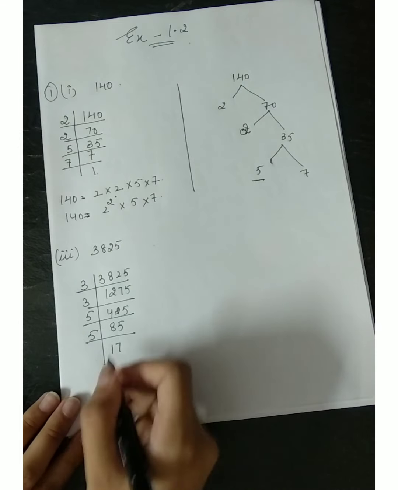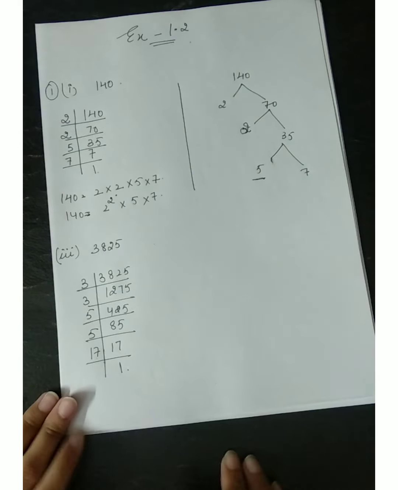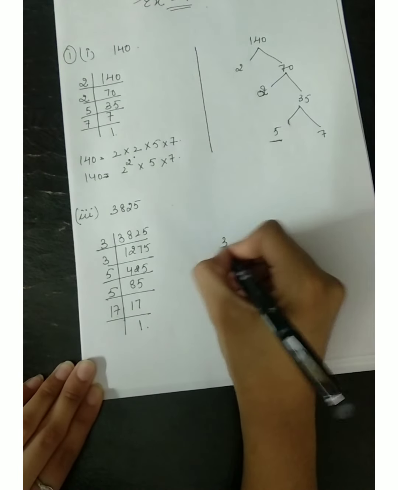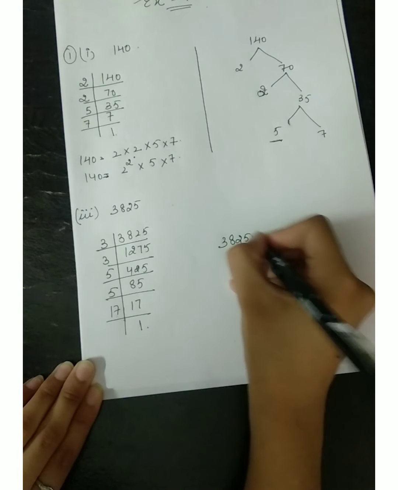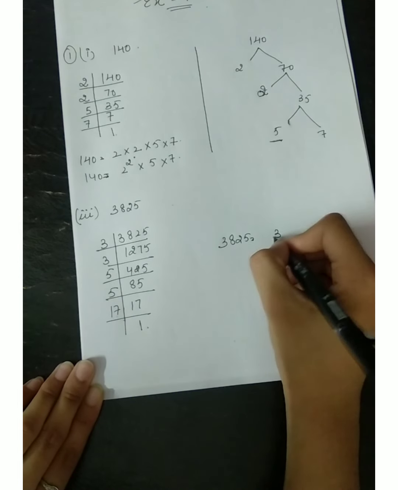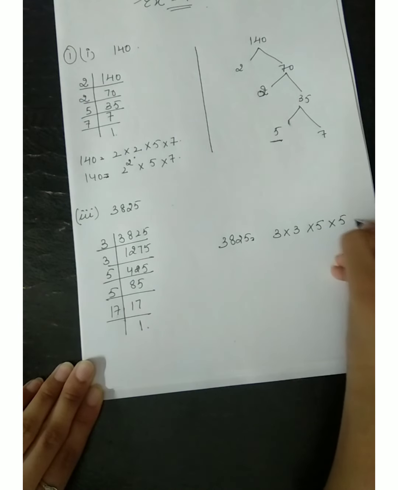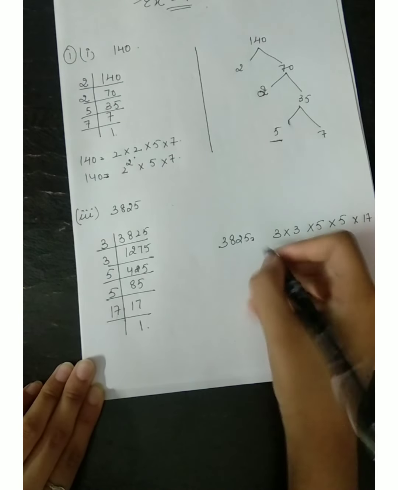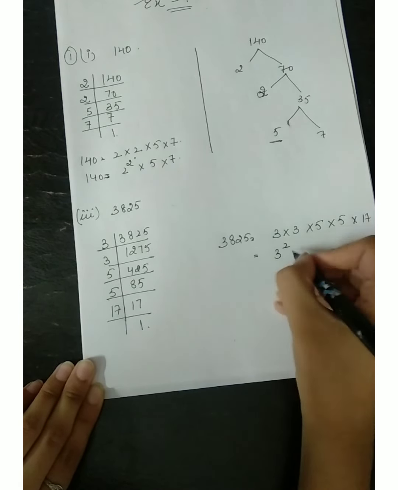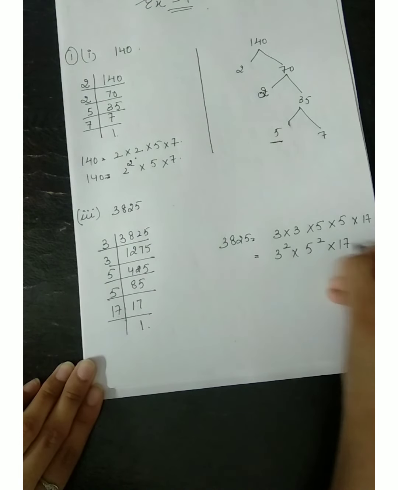Either you can leave it here or we can solve it in one more step. Now 3825 is equal to 3 multiplied by 3 multiplied by 5 multiplied by 5 and 17. Then you can write it as 3 square multiplied by 5 square multiplied by 17.